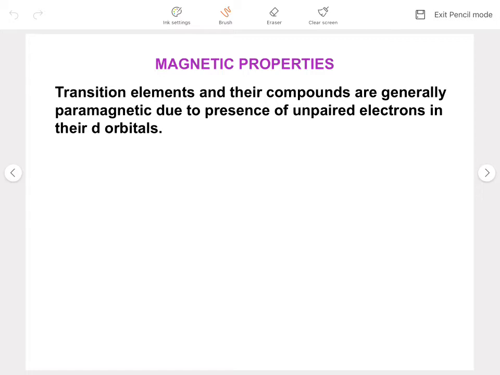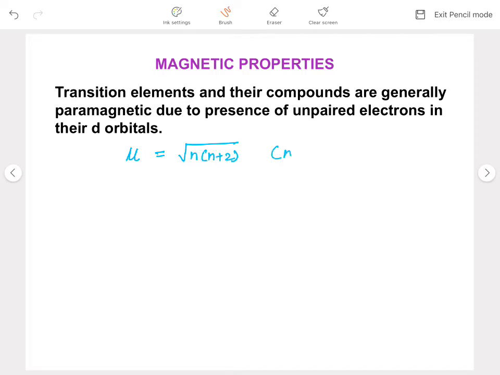This paramagnetic behavior is measured by a property called magnetic moment, which is calculated using the spin only formula, that is mu is equal to under root n into n plus 2.